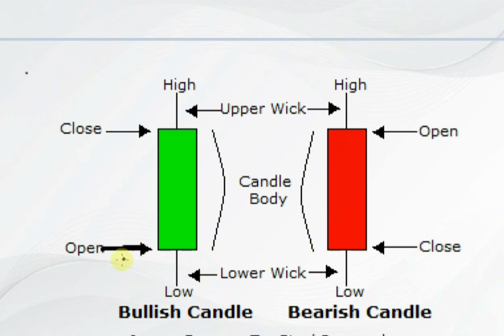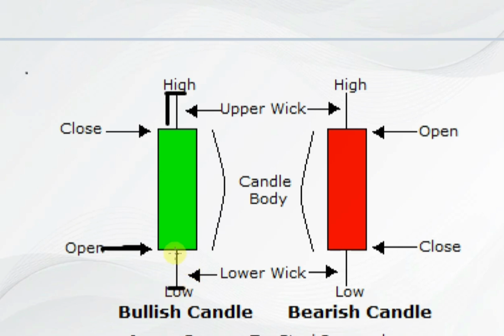For a bullish candle, the open price is always at the bottom and the closing price is always at the top, because it's going up. When it's going up, it will close at the top. The highest point it went to is this point, and this was the lowest point it went to.